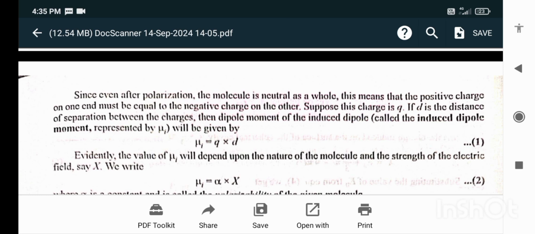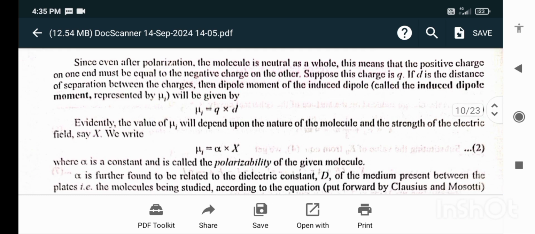Suppose this charge is Q. If D is the distance of separation between the charges, then the dipole moment of the induced dipole, called the induced dipole moment, represented by mu I, will be given by mu I is equal to Q into D. Evidently, the value of mu I will depend upon the nature of the molecule and the strength of the electric field, say X. We write mu I is equal to alpha into X, where alpha is a constant and is called the polarizability of the given molecule.